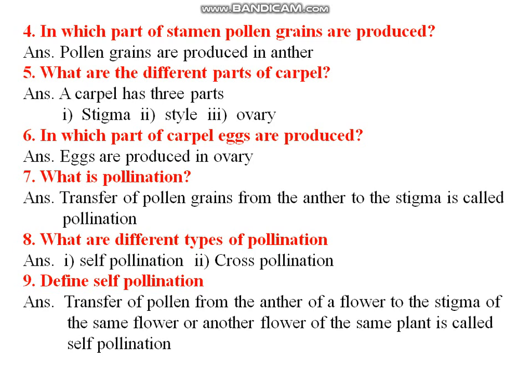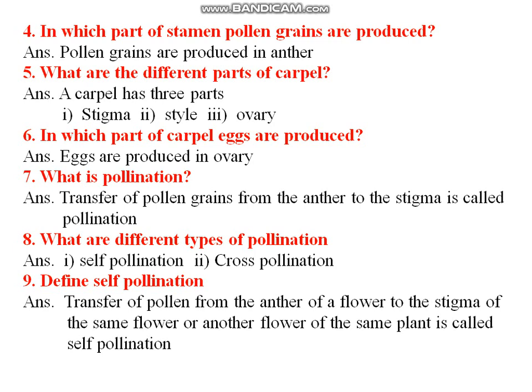So pollen grains can be transferred from the anther of the stamen to the stigma of the same flower, or from the anther of a flower to the stigma of another flower of the same plant. That means both the flowers remain in the same plant. So this kind of pollination is called self-pollination.